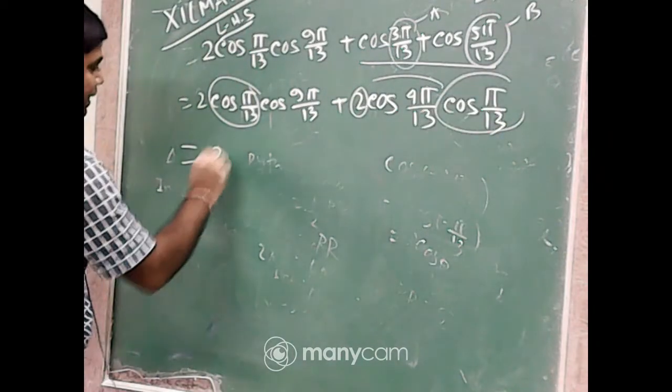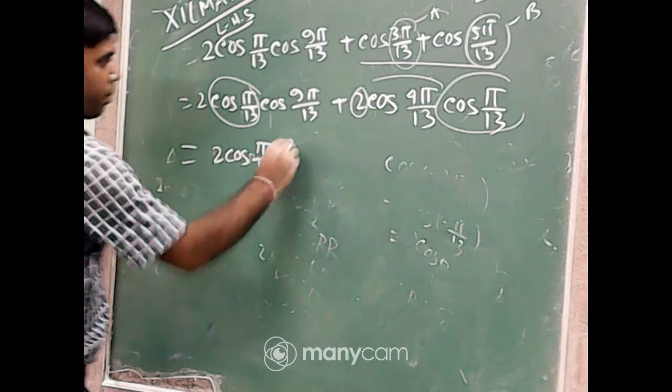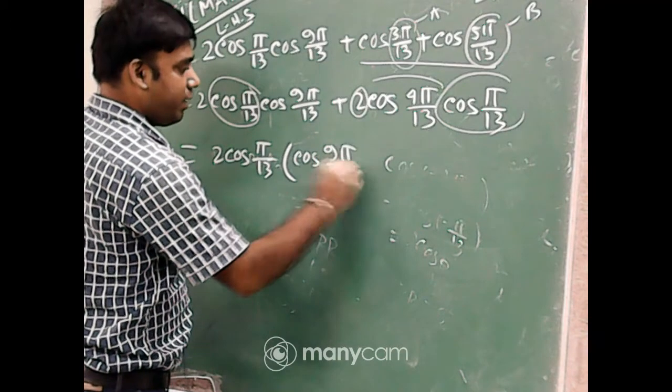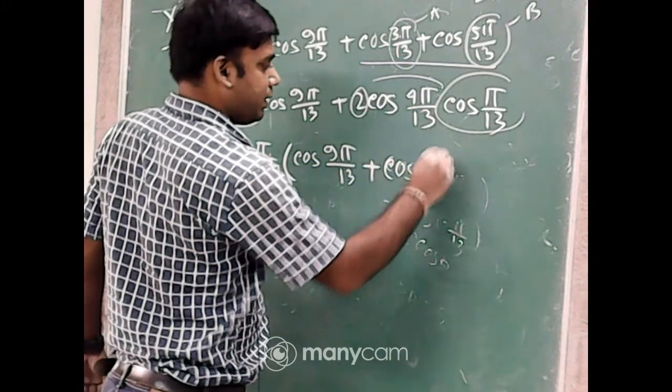So you can write this in this way: 2 cos pi by 13 bracket cos 9 pi by 13 plus cos 4 pi by 13.